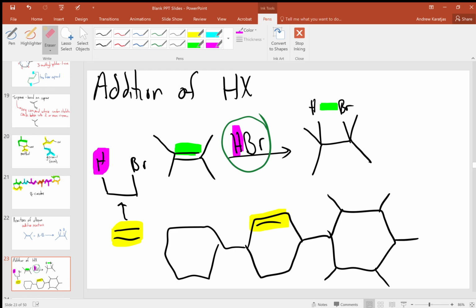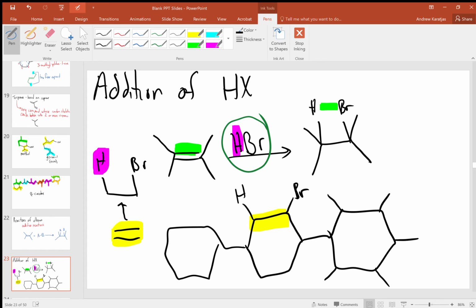What's the product from this much larger, more complicated molecule? Again, that double bond goes away, hydrogen and bromine. Now, these first couple examples we've done, the alkenes have been symmetric, or at least very close to being symmetric.